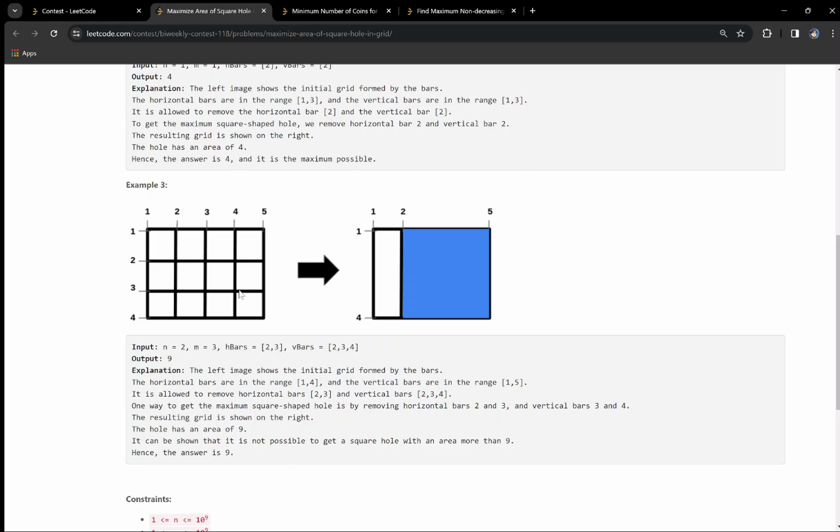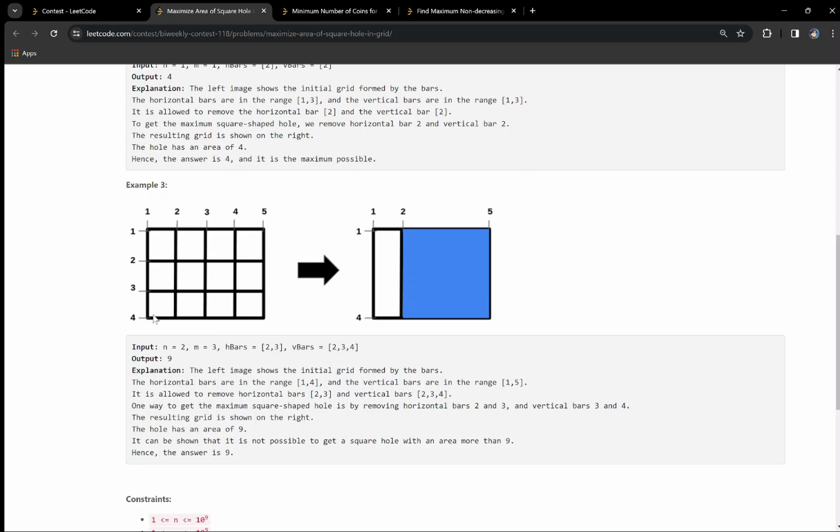If we remove 2 and 3, and 2, 3, 4, 3, 4, 3, 2, 3, 4.